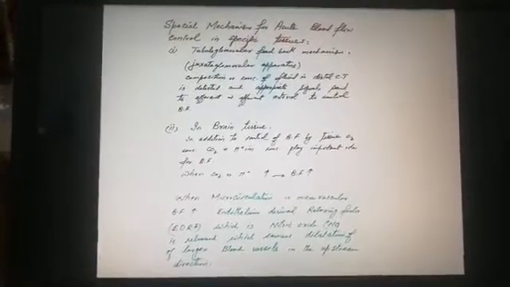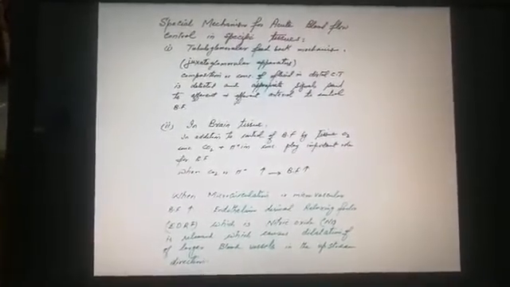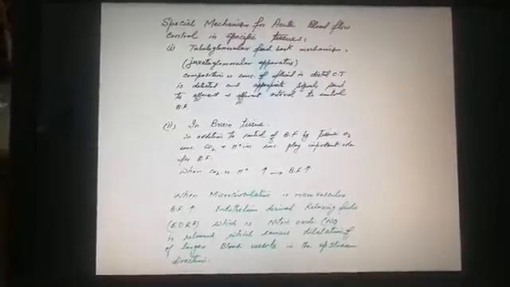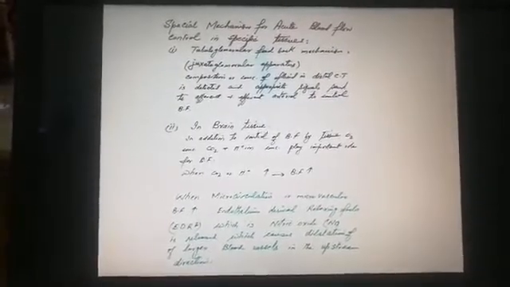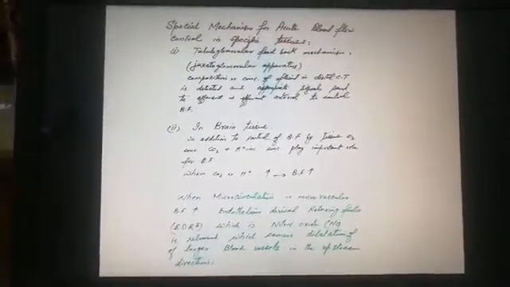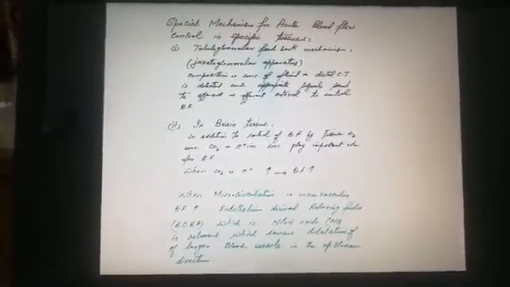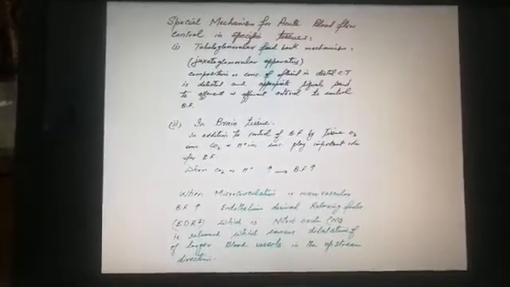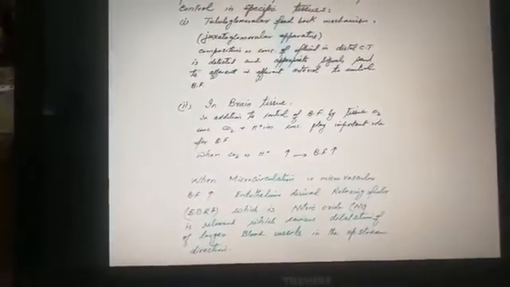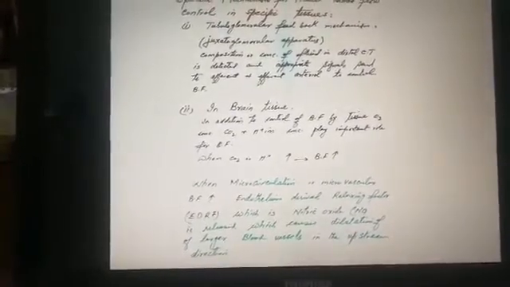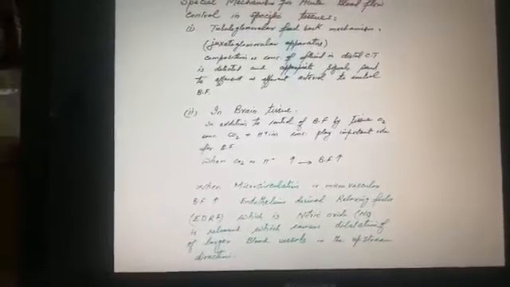There is a special mechanism for acute blood flow control in specific tissues. For example, the tubuloglomerular feedback mechanism, the juxtaglomerular apparatus. The composition and concentration of fluid in the distal convoluted tubules is detected, and appropriate signals are sent to the efferent and afferent arterioles to control blood flow.